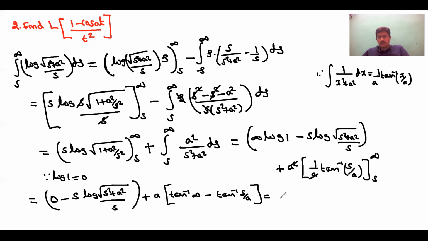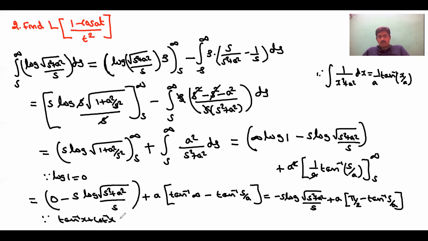So rewriting this term, we get minus s into log of square root of s square plus a square divided by s plus a into tan inverse of infinity, which is nothing but pi by 2 minus tan inverse of s by a. Since tan inverse of x plus cot inverse of x equals pi by 2, we get cot inverse of x equal to pi by 2 minus tan inverse of x.